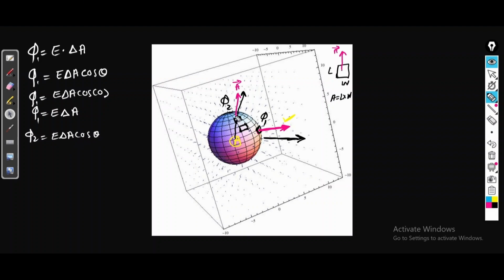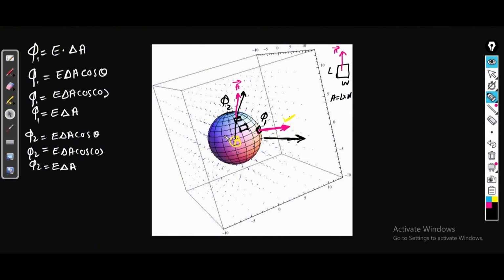The direction of this area and the electric field line are also parallel to each other. In this case theta is 0, hence E del A cos of 0, and we know that cos of 0 is equal to 1, so it becomes E del A.